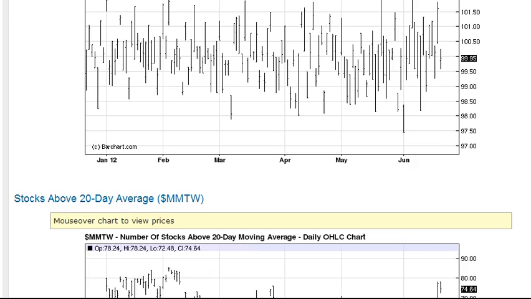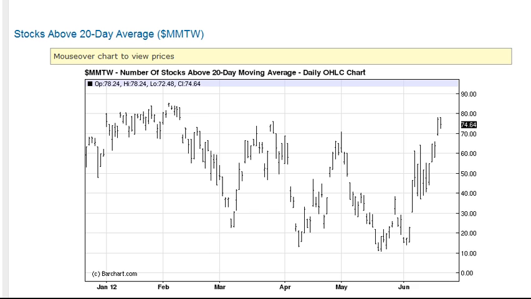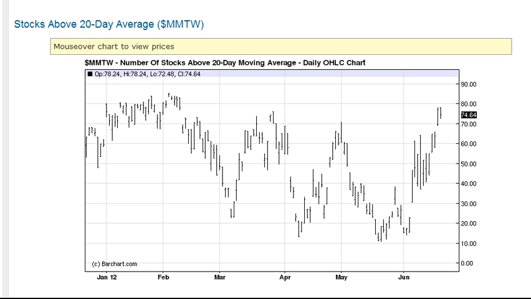And also looking at the 20-day moving average, stocks trading above the 20-day moving average. We have run right back up into overbought territory, which is 75 or higher. This is usually a level when we see the market try to top out. Now it can grind up here for quite some time, and it really depends on a few different factors.